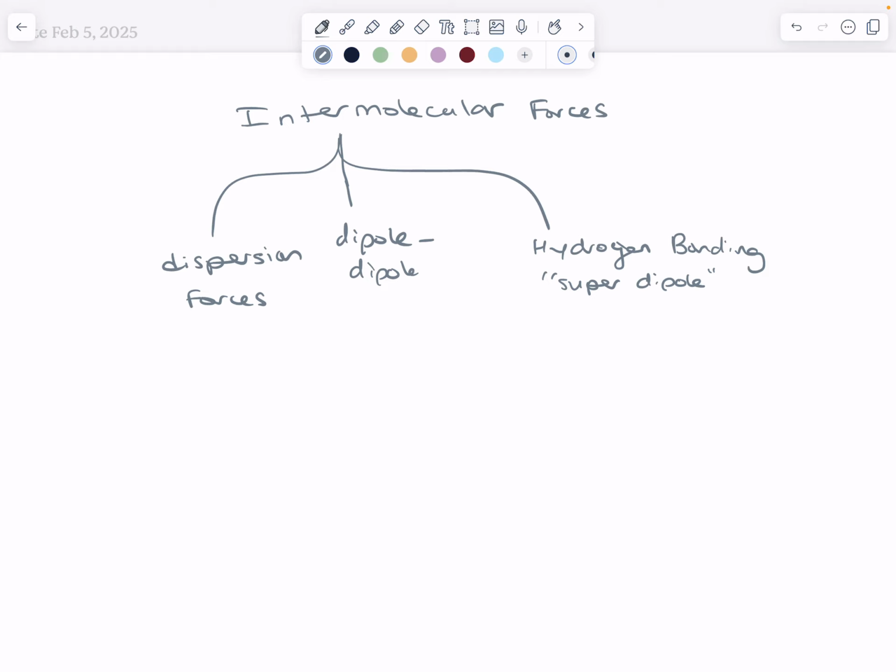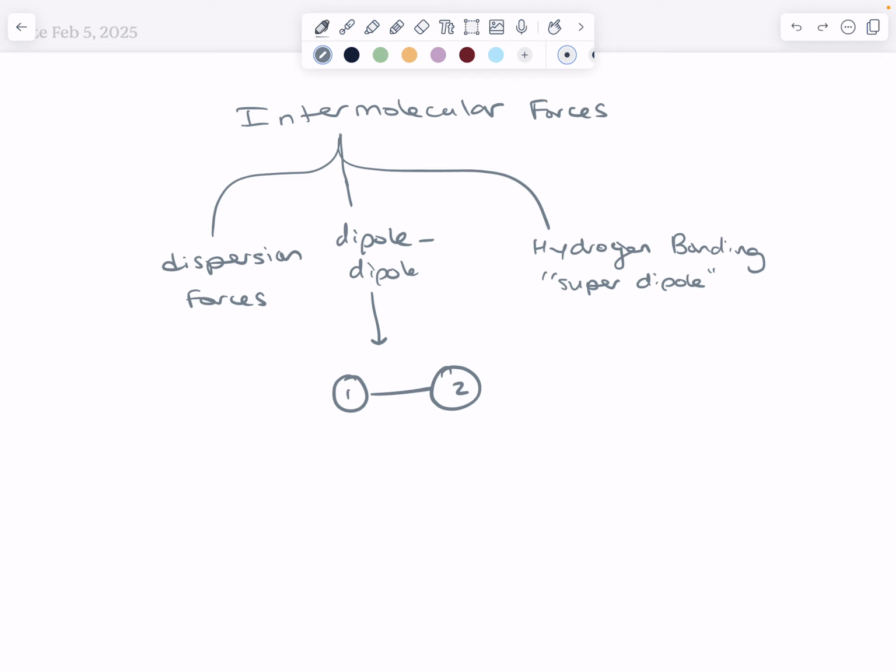So for dipole-dipole, if you have a hydrogen bonded to something, or any bond, I guess, any atom. So we'll say we have atom 1 and atom 2. And if these atoms have the same electronegativity, the two electrons will be shared equally between them.